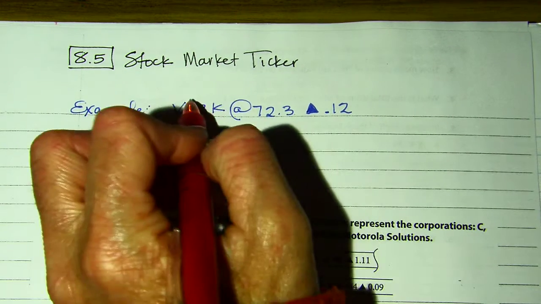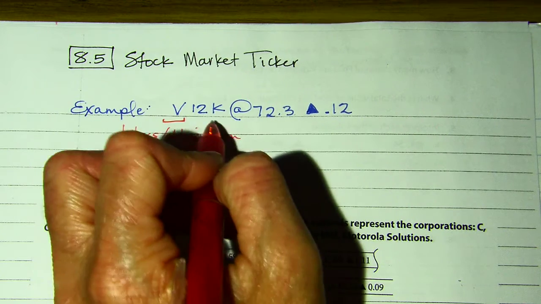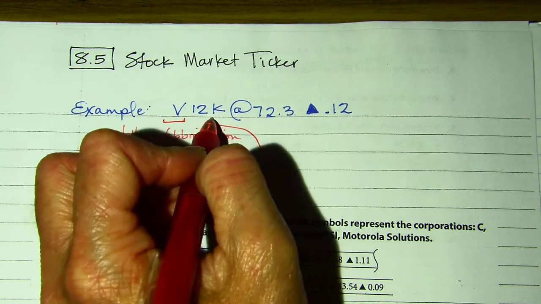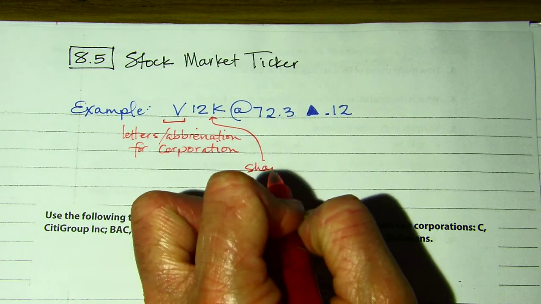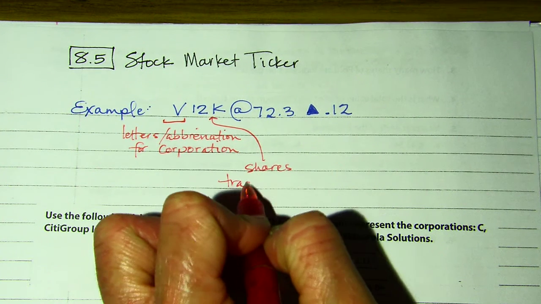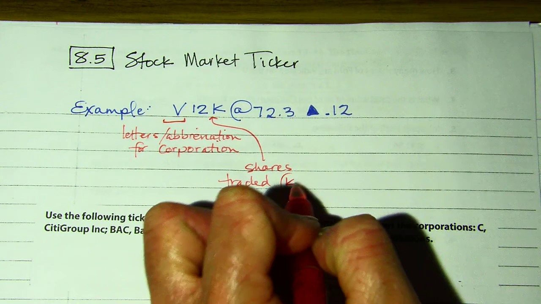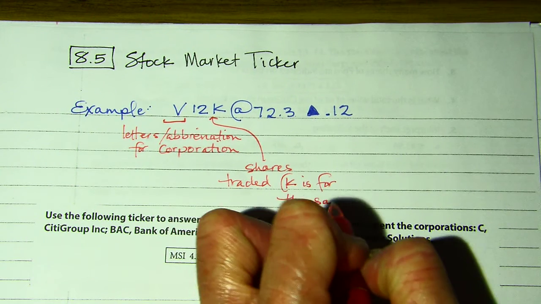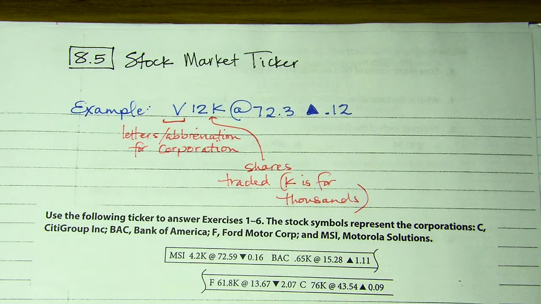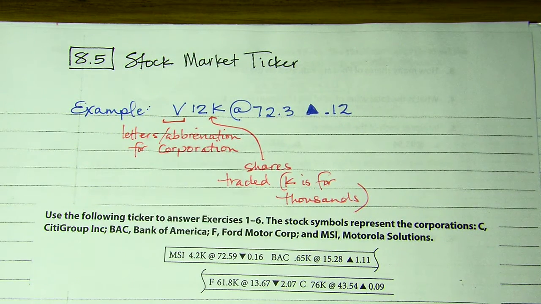The next part, I'm going to draw an arrow, 12K, that represents the shares traded. And remember, K is for thousands. So 12K means 12 thousand.